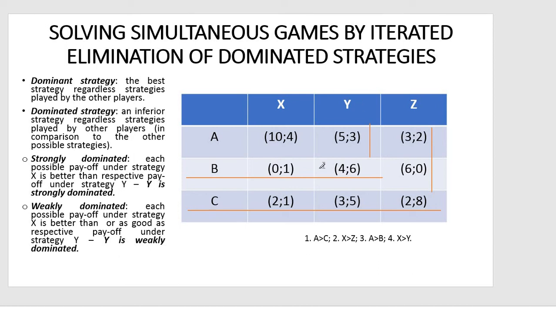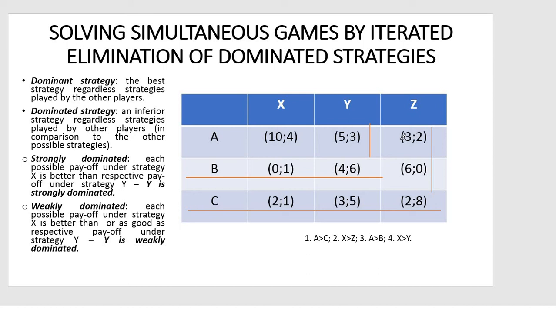If the second player chooses Y, 5 is better than 4. However, if the second player chooses Z, then 6 is better than 3. So neither of the strategies is dominated by the other. We cannot say for sure that the first player will never choose strategy A or strategy B. It will all depend on the move undertaken by the second player.